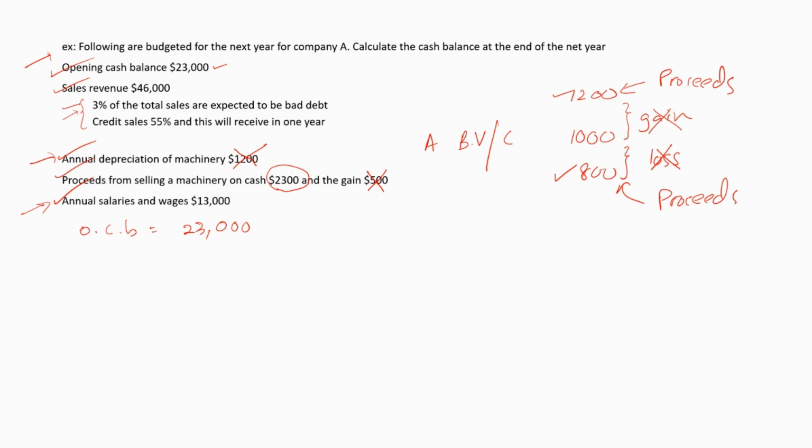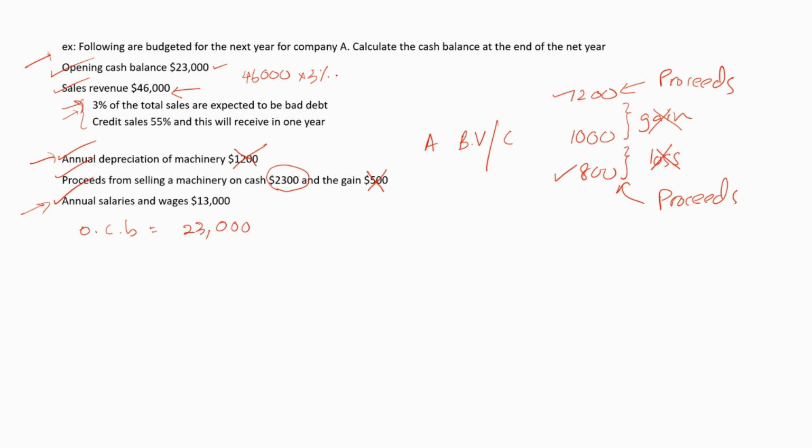The first point says that 3% of the total sales are expected to be bad debt, which means 3% of this sales revenue will not be received by the company. So what we have to do is calculate the revenue that will be earned after the bad debt, which is equal to 46,000 multiplied by 3%, and then this value has to be deducted from the 46,000.